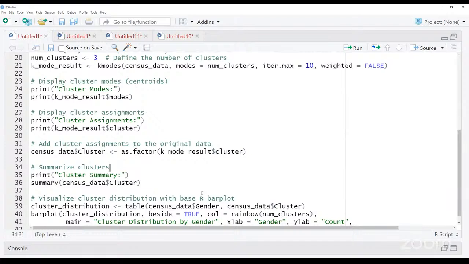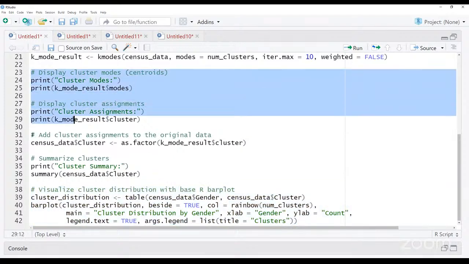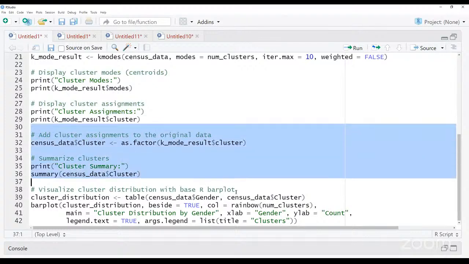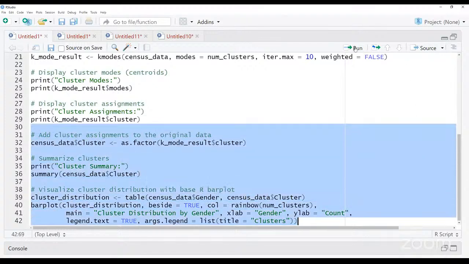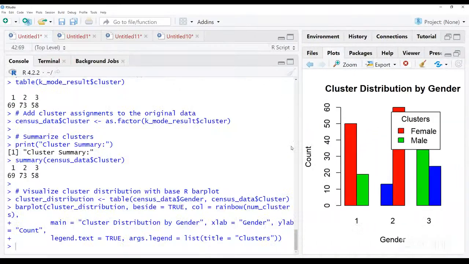So Farah, you select this number 31, number 31. Yeah. 36, 36.